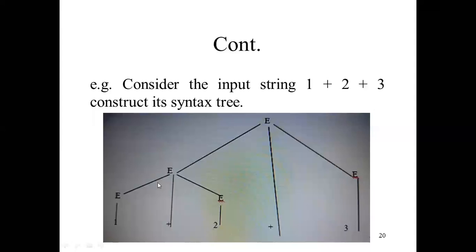Now we replace E by 1, this is the operator symbol, this is 2, and this is again the operator symbol, and this is 3. So we can say that this is the syntax tree for this. We can draw it like this: 1 plus 2 plus 3. The syntax tree is given here already.